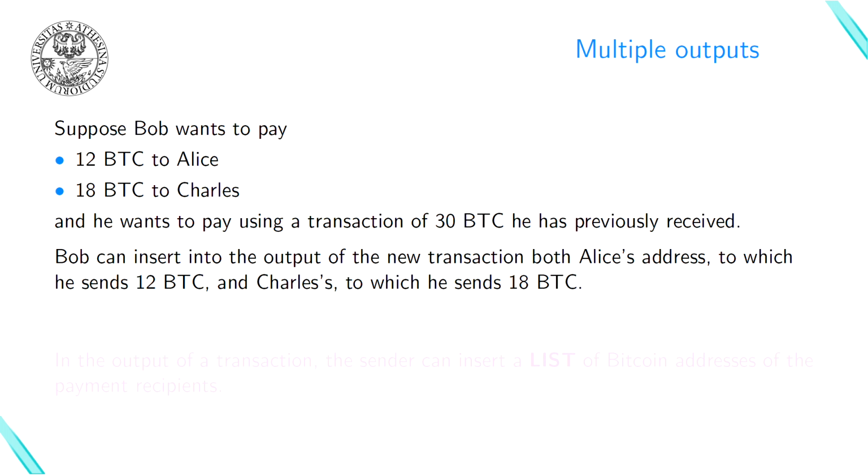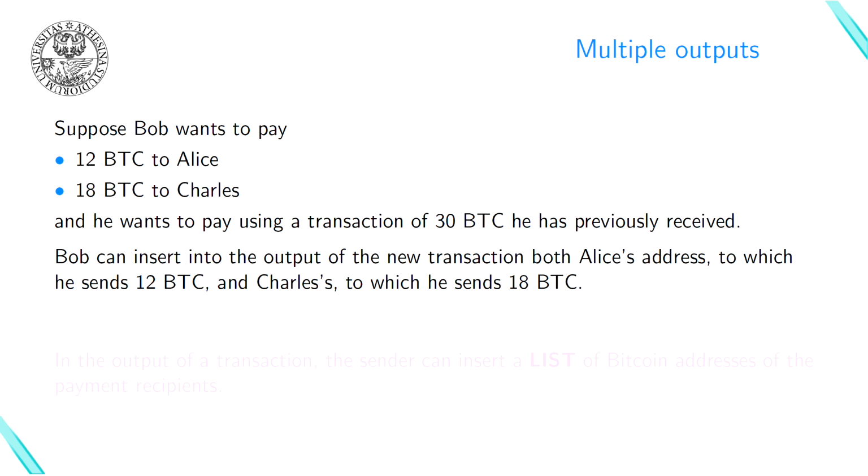It's also possible to have multiple outputs. Let us see an example. Suppose that Bob wants to pay 12 bitcoins to Alice and 18 bitcoins to Charles. And he wants to pay using a transaction of 30 bitcoins he has previously received.